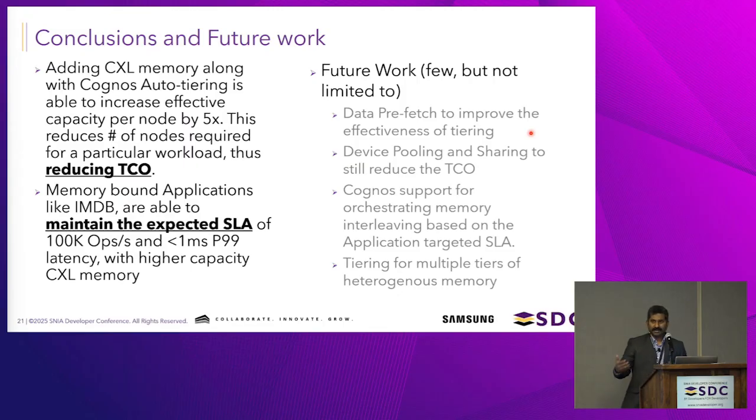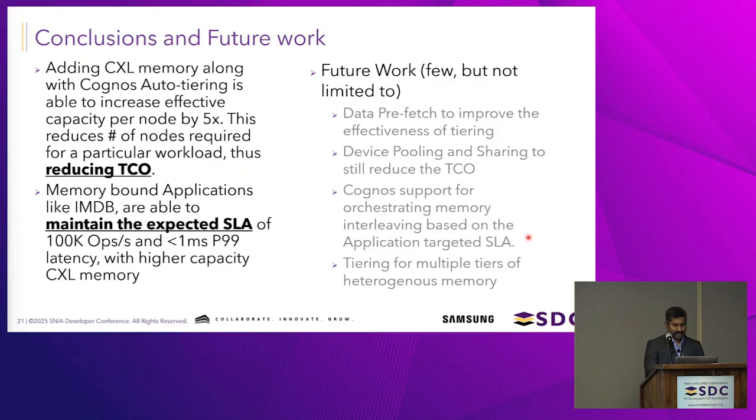Once we have device prefetching and system level prefetching going together, the tiering effectiveness will definitely improve. And as in the previous session, there was device pooling and sharing. Based on the load, you can use more memory or not, the pooling use case. Or if there are use cases where you're sharing the memory, you can use CXL sharing to reduce the overall per unit memory usage.